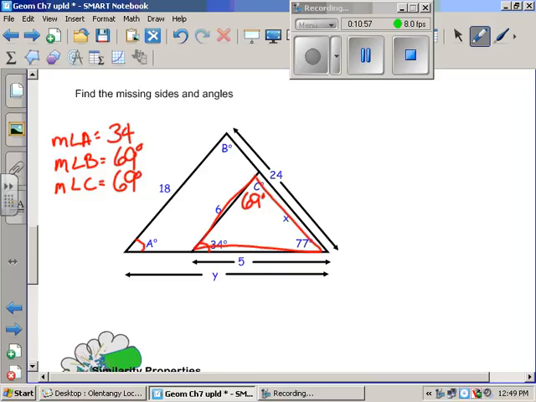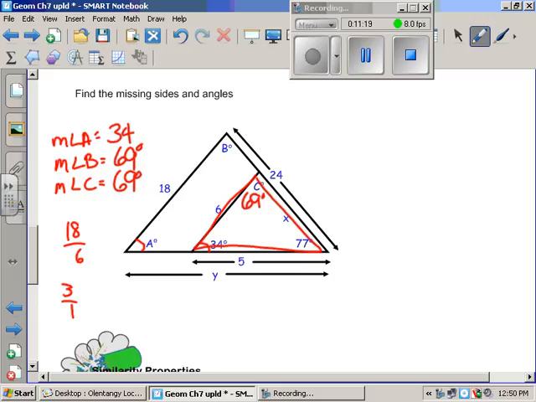Yeah, 18 and 6. Exactly. So I'm going to make that into a ratio. 18 over 6, or reduced would be 3 over 1. Because remember from before midterms, ratios are always reduced. All right, so I know the ratio of the big triangle to the little triangle is 3 to 1.